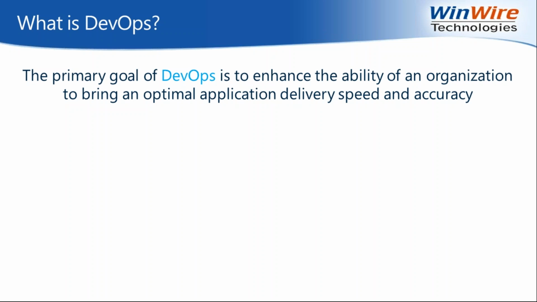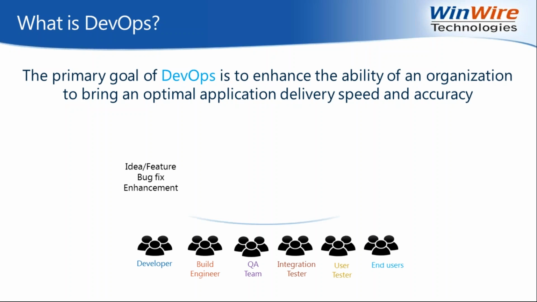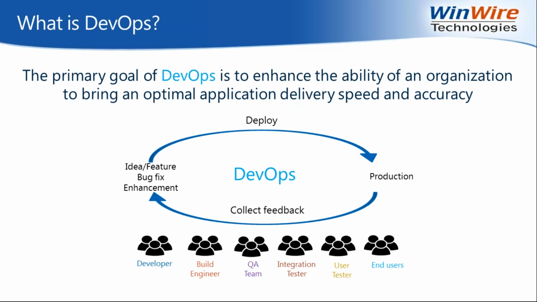The key focus here is speed and accuracy, which means your ideas, features, bugs, or enhancements, how best we can push them to production using DevOps. DevOps brings the speed and the accuracy, so that your time to market, from your idea to production and releasing your application to the end user, is faster and accurate.